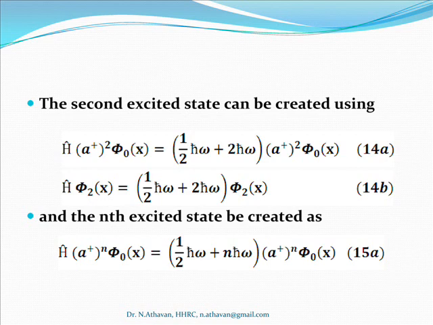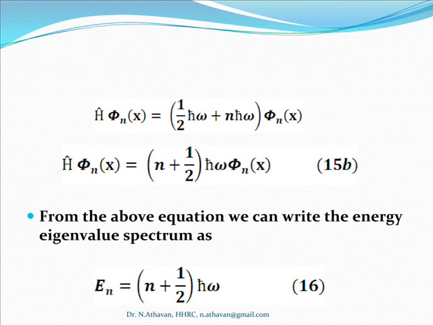If we generalize this result, then we get the nth excited state by this operation, by operating a+ n times on the ground state wave function φ0 of x. Finally, we get (n plus half) ħω into φn of x, where φn of x is created by operating a+ n times on the ground state wave function φ0 of x.